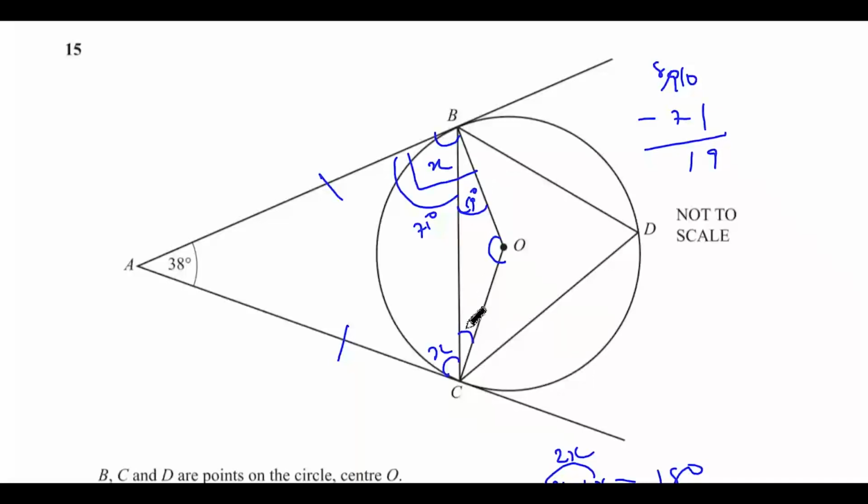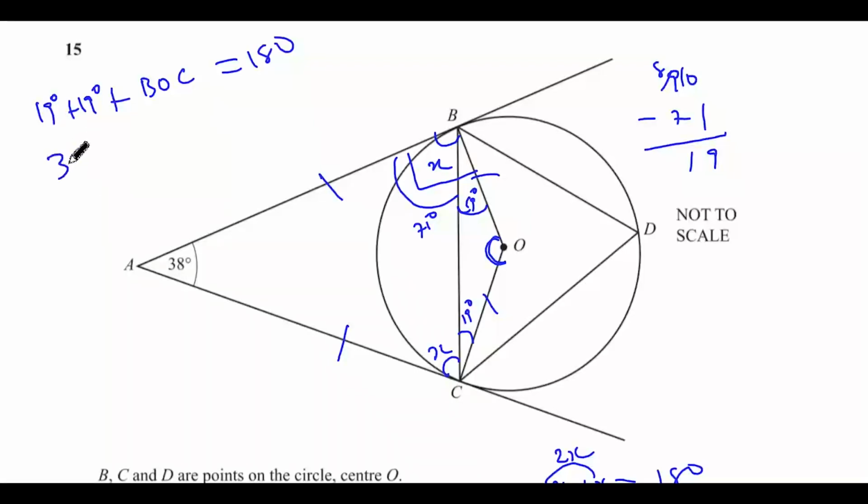We also have 19 degrees here because they are also base angles of isosceles triangle. This and this are also equal. So you can get this angle by saying 19 degrees add 19 degrees, then plus angle BOC, that's the angle at center, and equals to 180 degrees. This and this will add up to 38.